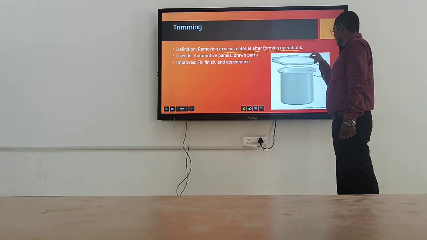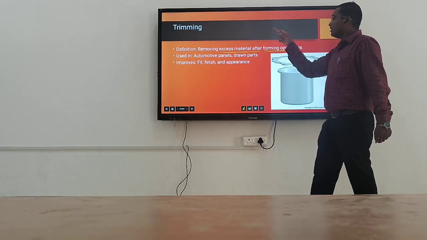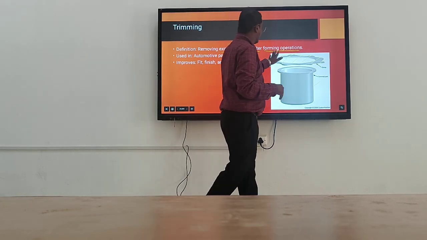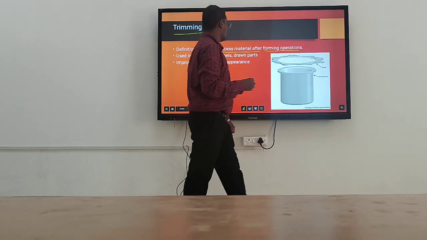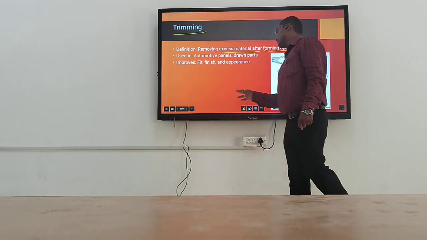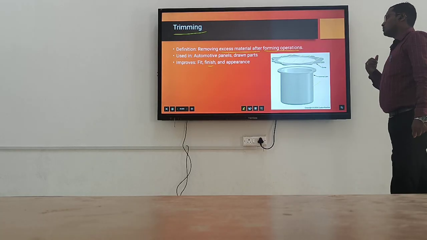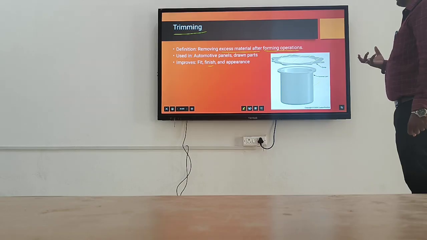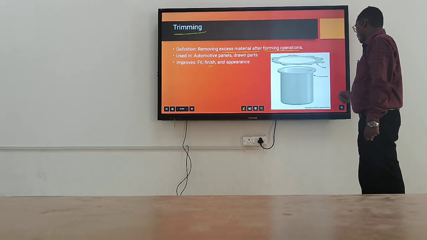If we cut that excess part of material, the scrap goes out, and that process is the trimming operation. Okay. It's important for finishing. Whatever cutting job we do, with finishing it will be good, so we use the trimming operation.